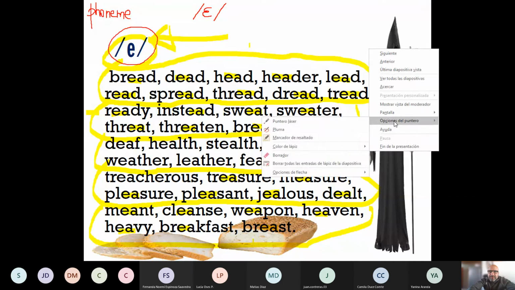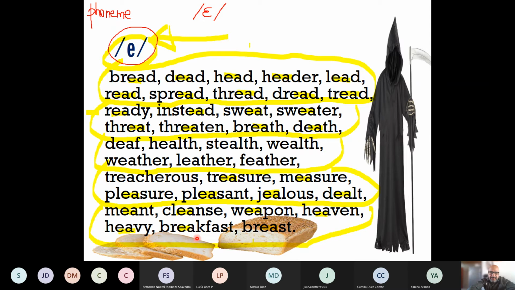Can you read aloud this one, please? Breakfast. It has the sound e. Yes, breakfast. Very well done. When you read only this part, we all say break, like time for a break.